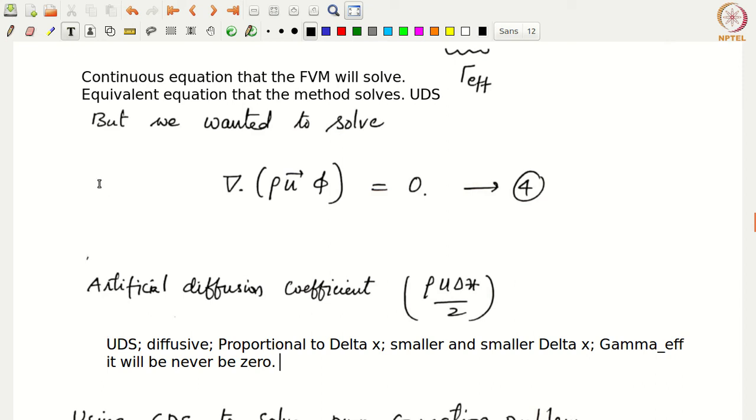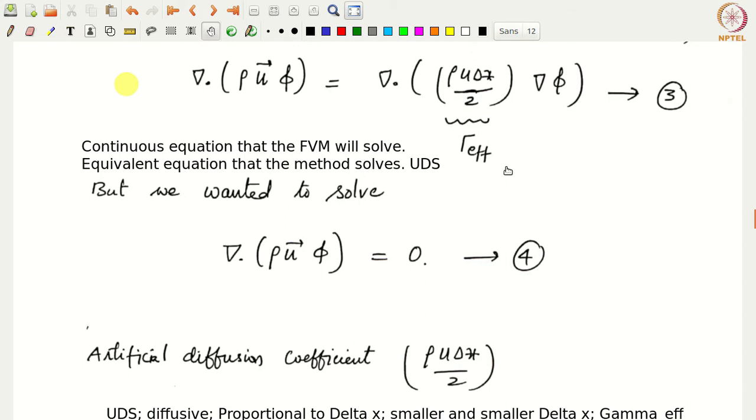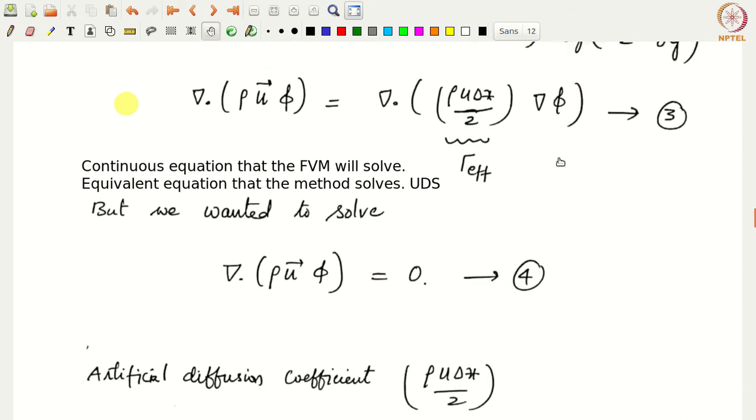Fine. But that gives us some insight on why the upwind difference scheme is diffusive, like what we have observed yesterday.